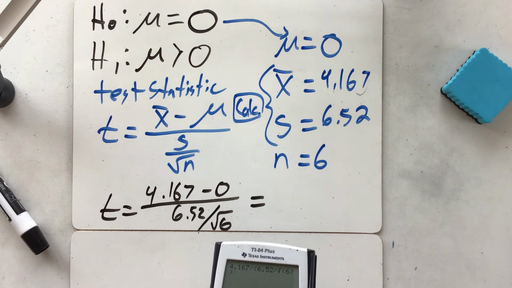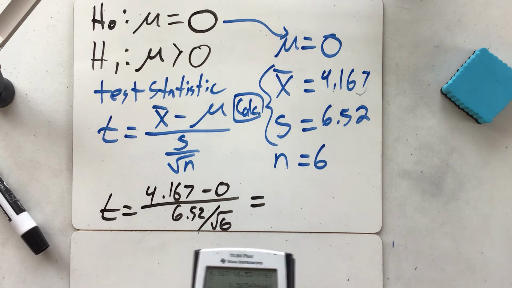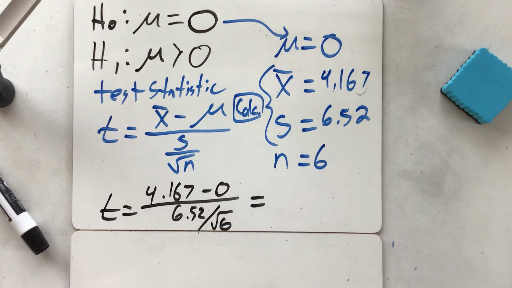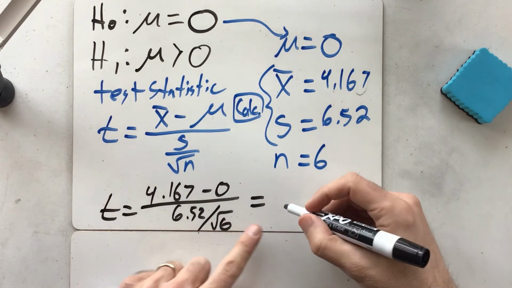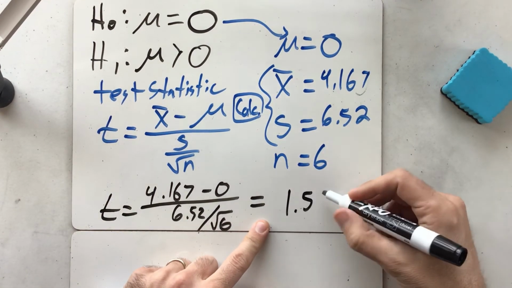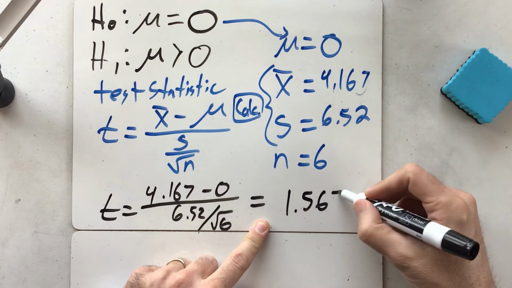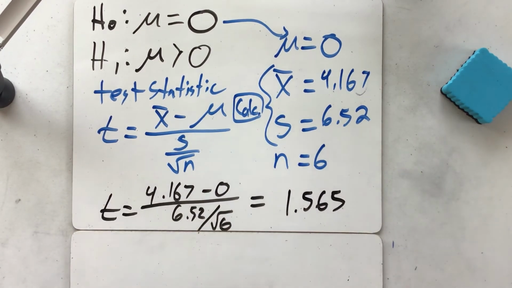Again, make sure I put all the bottom in parentheses. You don't want to get your order of operations messed up. And I got 1.565. There we go. So that's what I got for my t distribution.